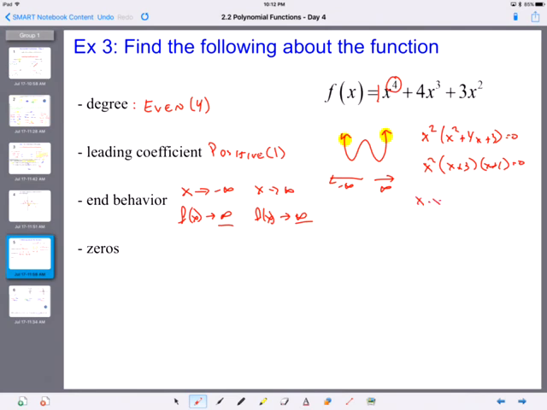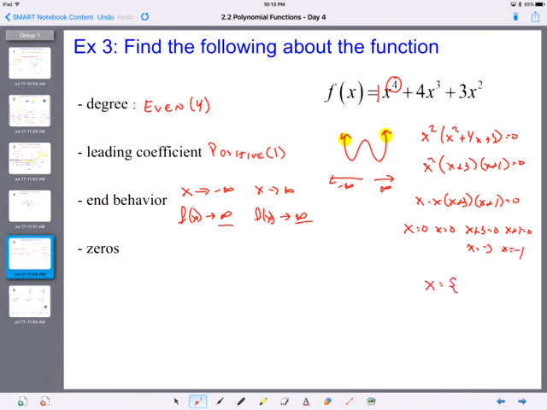You have x times x times x plus 3 times x plus 1 is equal to 0. And so all 4 factors you set equal to 0: x equals 0, x equals 0, x plus 3 equals 0, x plus 1 equals 0, and solve. And so you get 4 solutions.